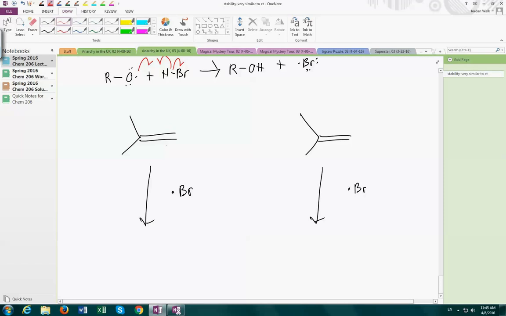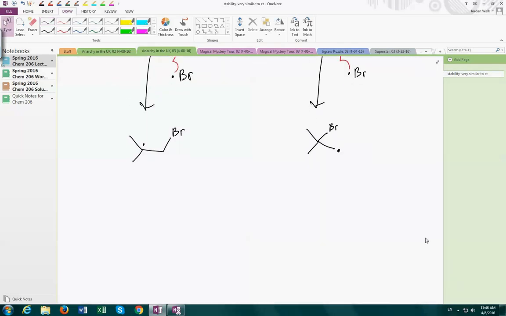So what we see is that part of the pi bond will go to form our new C-Br bond, and then the other will generate a radical. So in this case, we've generated this intermediate. If we go the other way and we attach the bromine to the tertiary position, what we end up seeing is this newly generated radical.